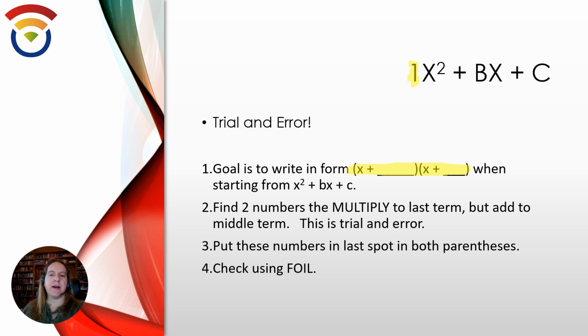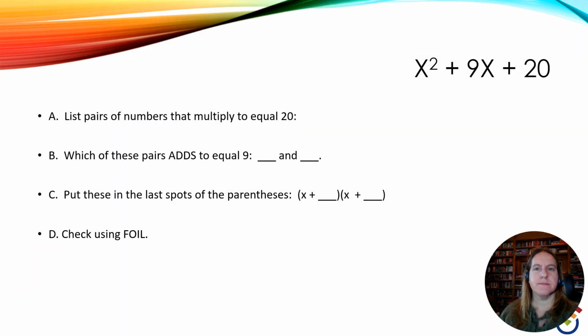The general idea is that we're going to find two numbers that multiply to equal the last term, so that multiply to equal c, but that add to equal our middle term, that b. This is going to be some trial and error, but the nice thing is we can always check using FOIL. There are some guidelines and logic that will make this trial and error part easier.